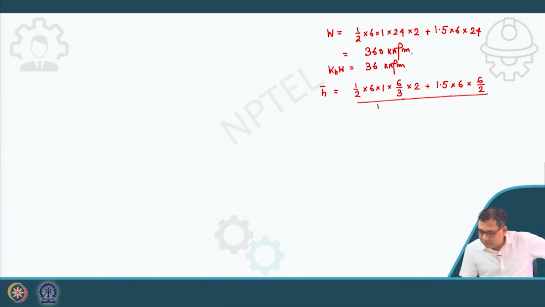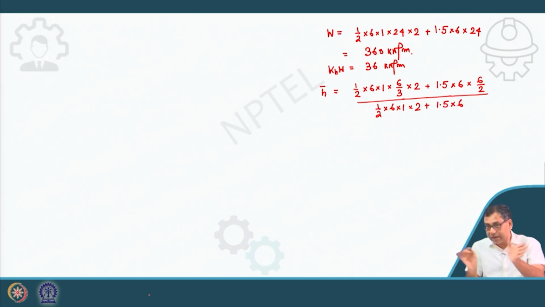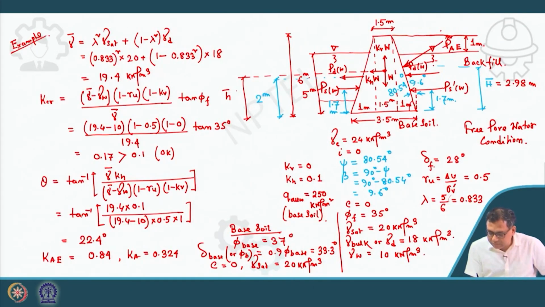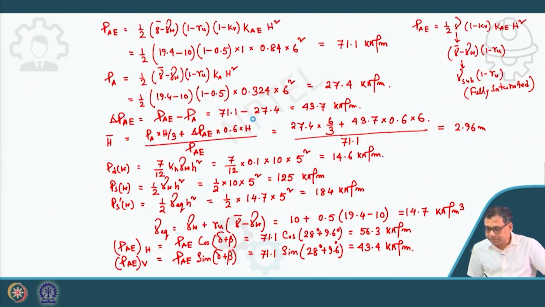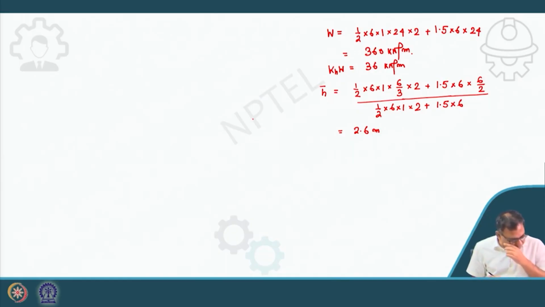So that will be half into 6 into 1 into 2 plus the rectangular part 1.5 into 6. So that h bar is coming 2.6, that means h bar is 2.6 meter from the base.